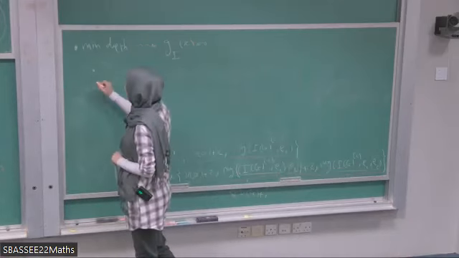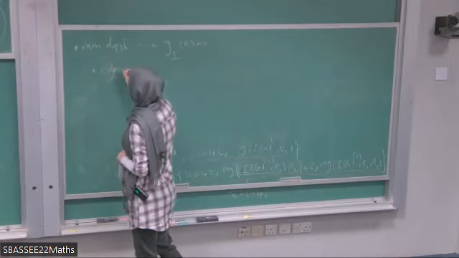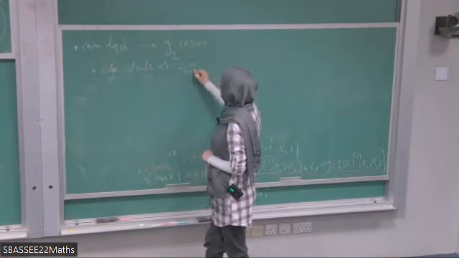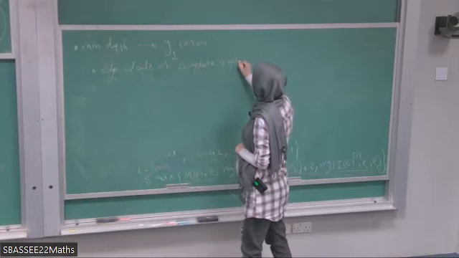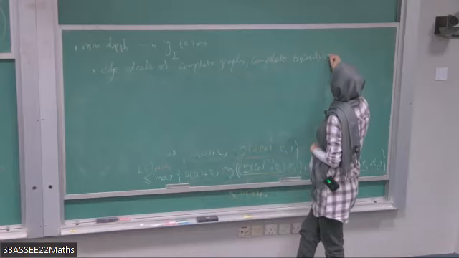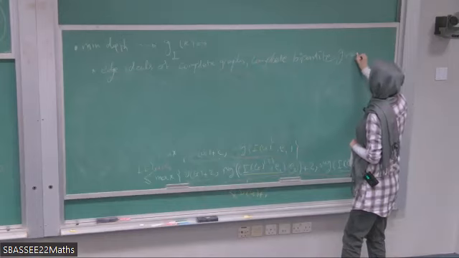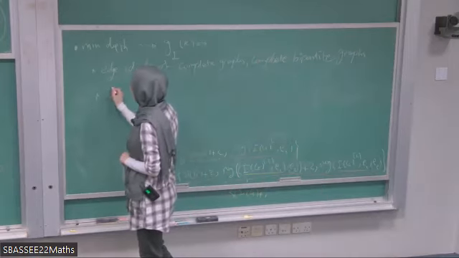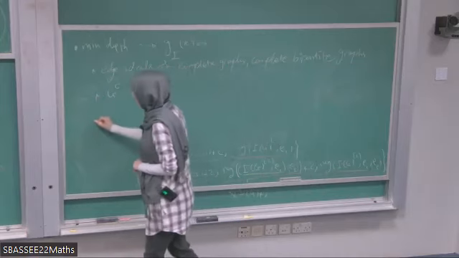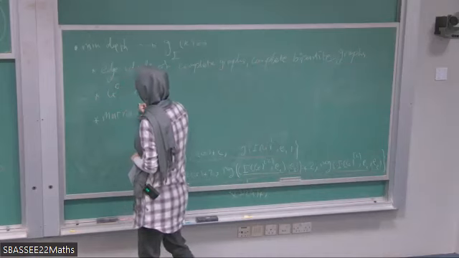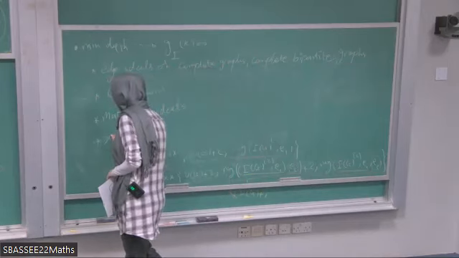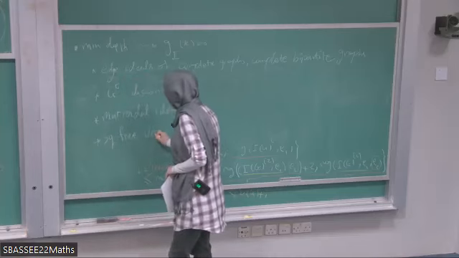I just write some keywords for those who want to search: edge ideals of complete graphs, complete bipartite graphs, graphs whose complement is disconnected, and, outside the world of graphs, all matroidal ideals, and square free Veronese ideals.